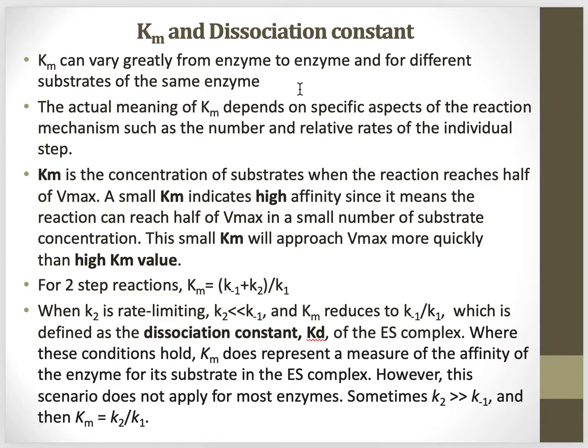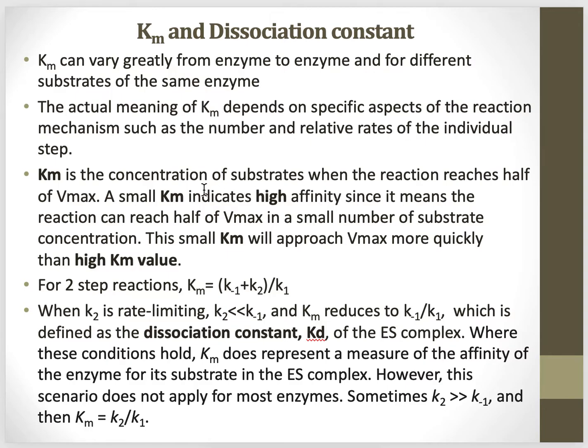Two different enzymes can have different Km, and also the same enzyme catalyzing different substrates can have different Km. The actual meaning of Km depends on specific aspects of the reaction mechanism, such as the number and relative rates of the individual steps of that reaction.